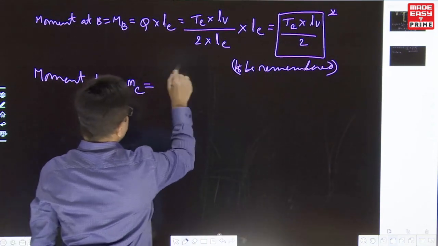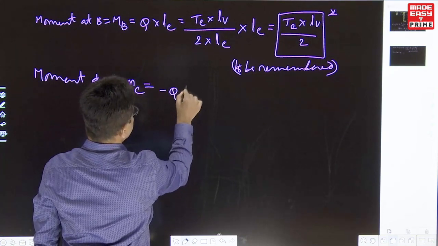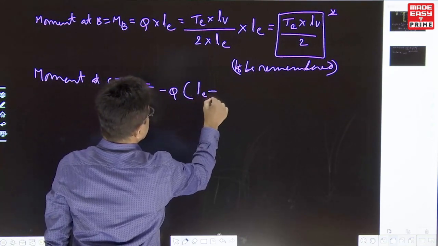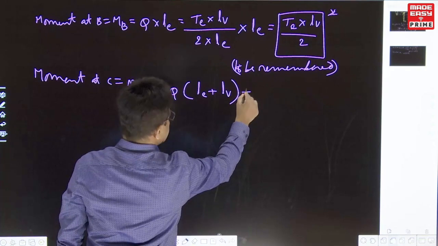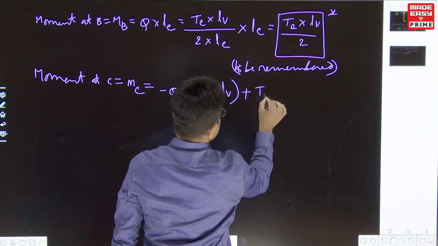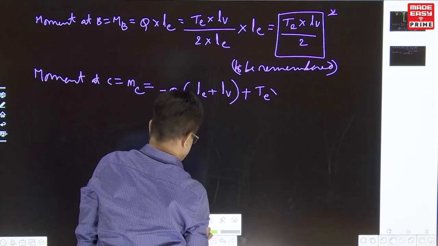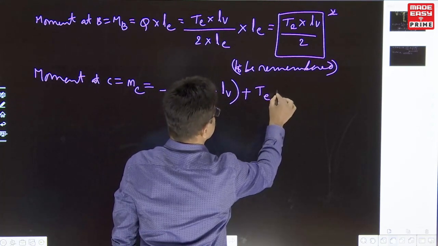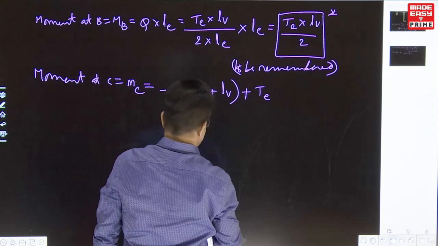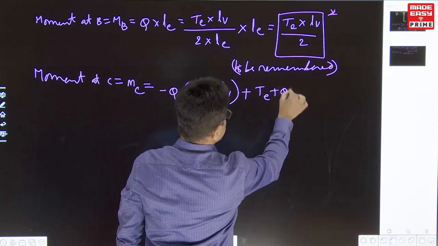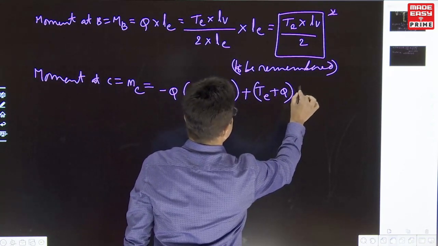Moment at C is due to Q, minus Q into (Le plus Lv), plus the tension force, which is Te plus Q, the tension at B, into Lv.